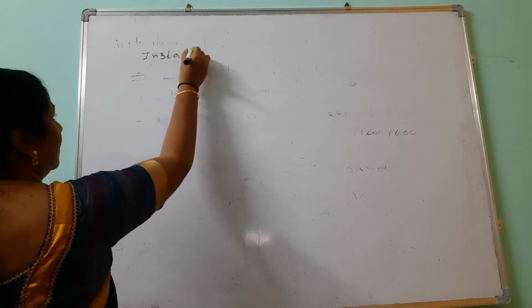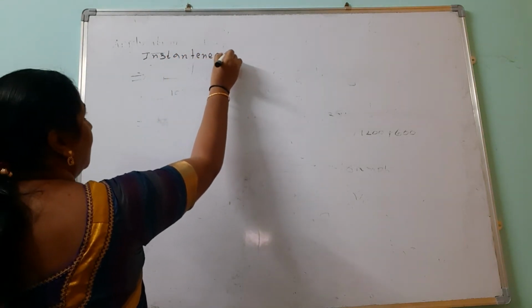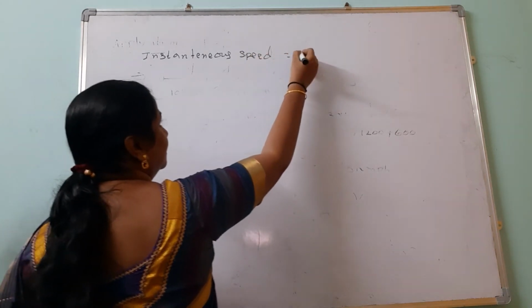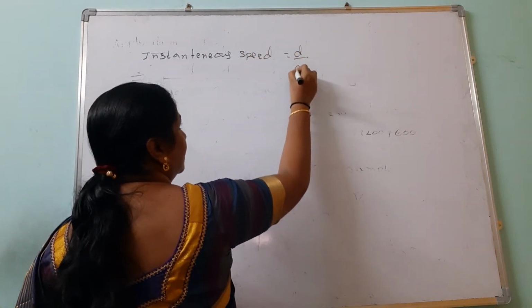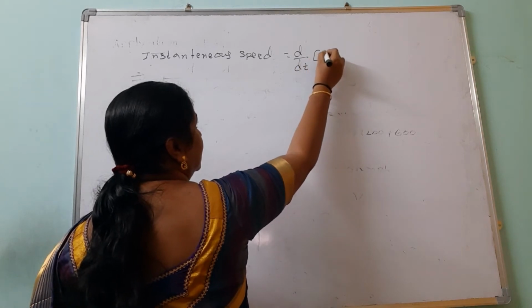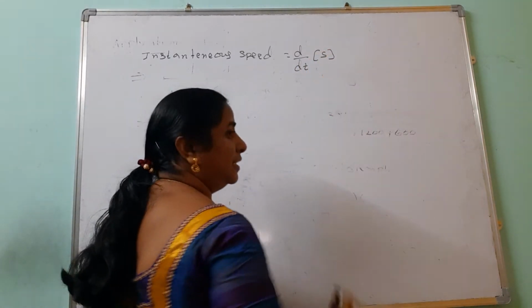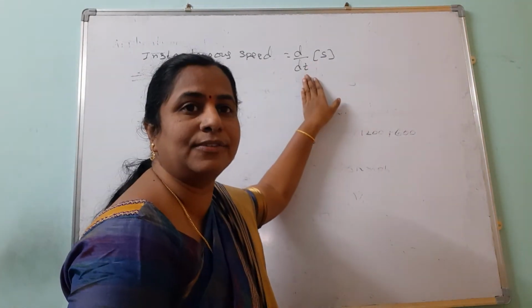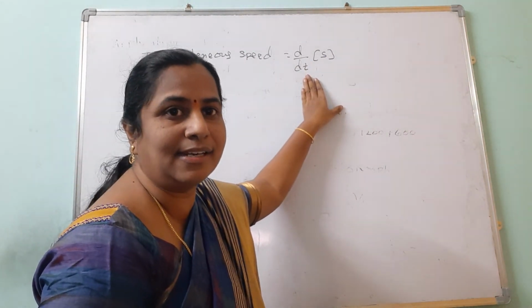Instantaneous speed equals the rate of change of distance. We are calculating the distance with respect to time. That is called the instantaneous speed.